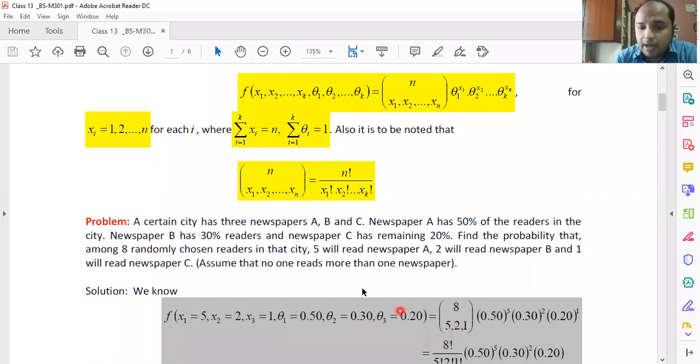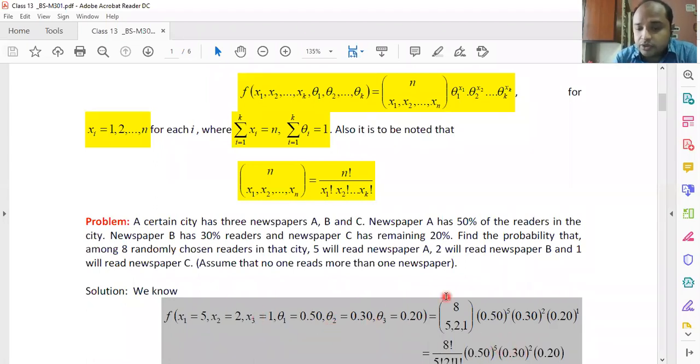In the denominator I am writing 5 factorial, 2 factorial, and 1 factorial by the formula. And all the probabilities are raised to the corresponding powers of the variables. Since 5 has probability 0.50, 0.50 is raised to the power 5. Since 2 has probability 0.30, 0.30 is squared.